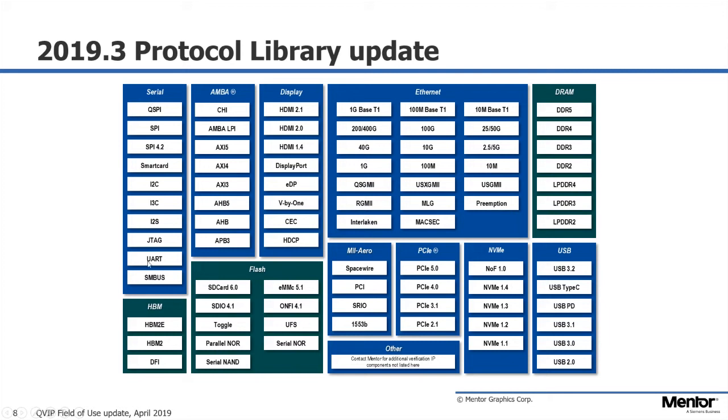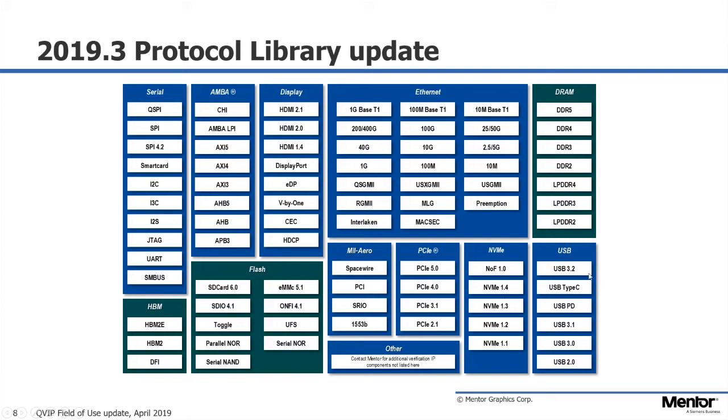The serial interface line is a lot of the simple serial buses like I2C and SPI and UARTs. The AMBA will give you basically all of the different buses for the ARM family. Display family will give you any of the different displays, so HDMI and DisplayPort are probably the two most common. The Mil-Aero family, SpaceWire and 1553B are probably the two most common in that military family.